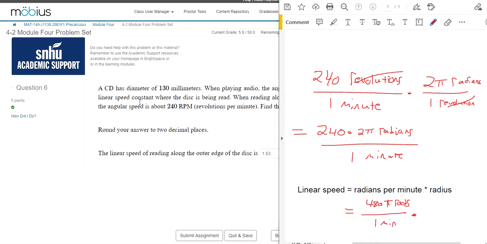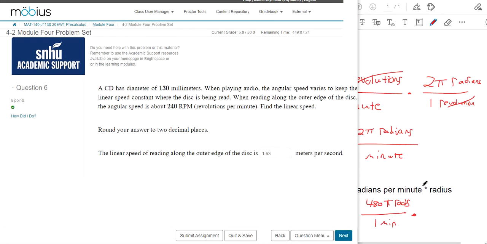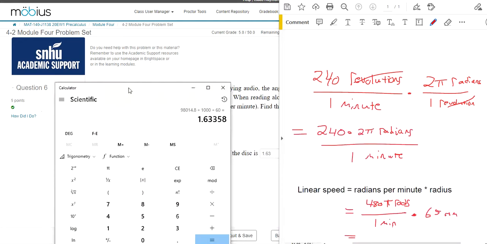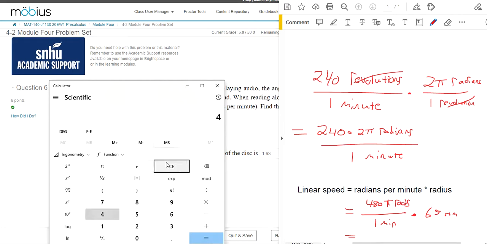Then we multiply that by the radius. Now the diameter is 130, so that means the radius is 65 millimeters. We'll just want to keep in mind our final answer is going to be in millimeters. So 480 times 3.1415 times 65. We've got 98,014.8 millimeters for 1 minute.